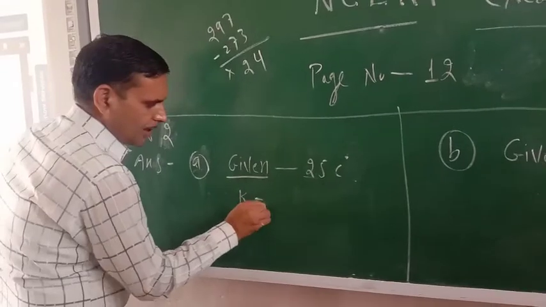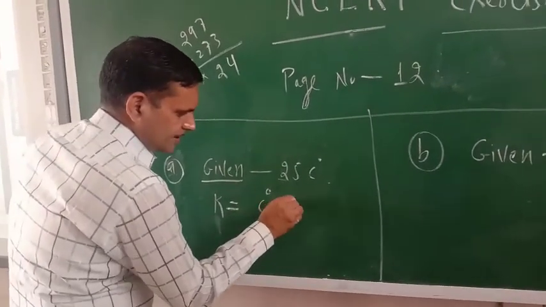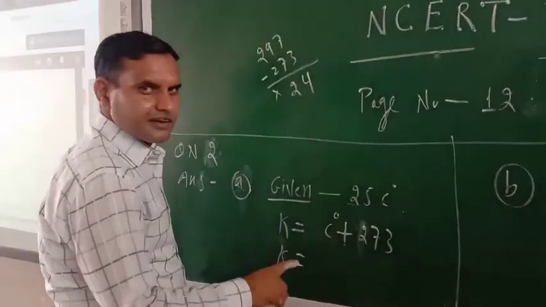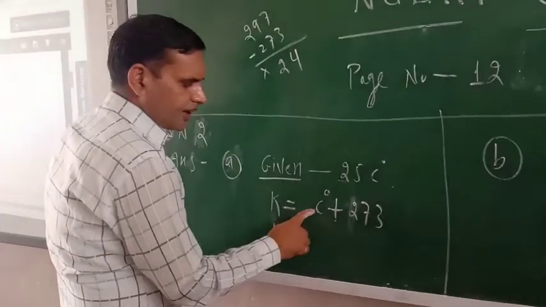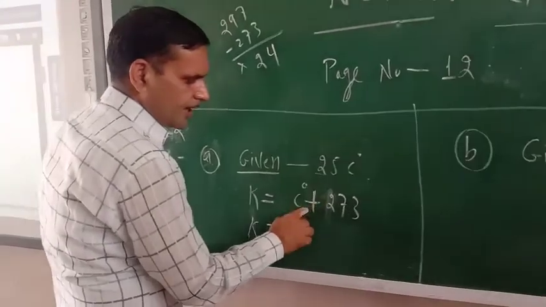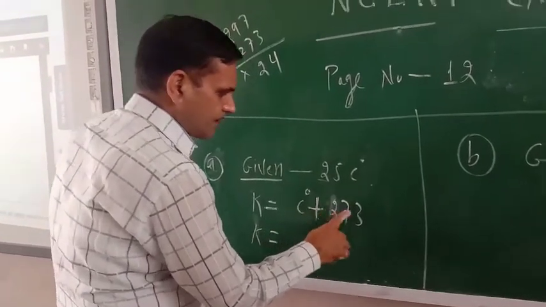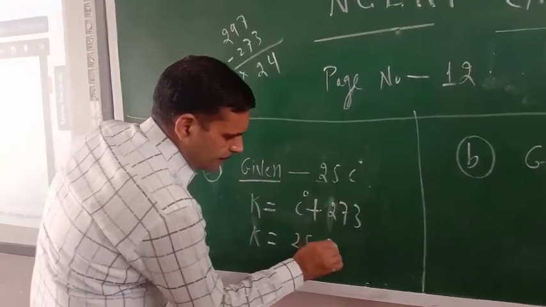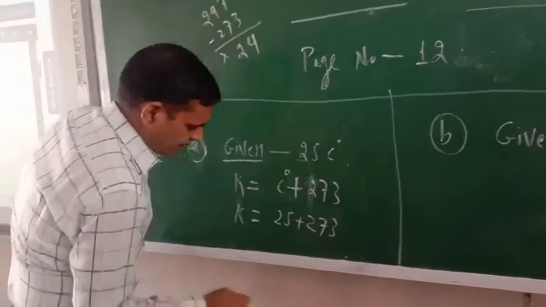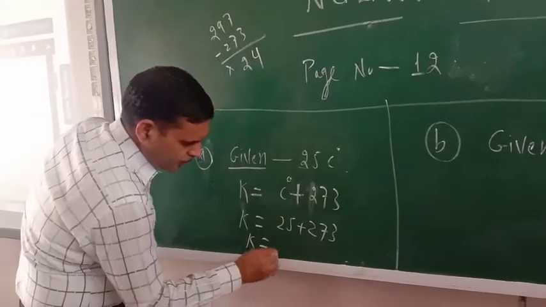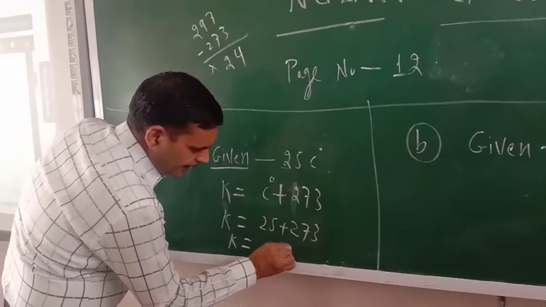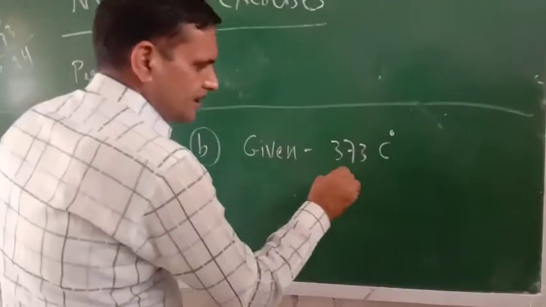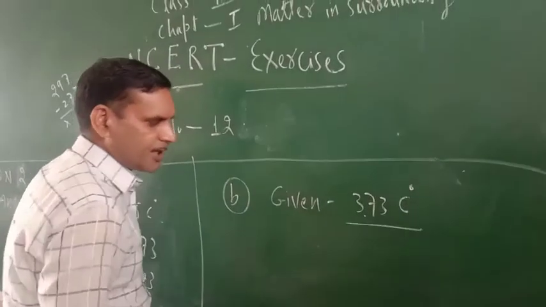The formula is K equals C plus 273. Earlier I said minus, but actually it is C plus 273. So K equals 25 plus 273, which is 298 Kelvin. Similarly, here the temperature is 373 degrees Celsius.